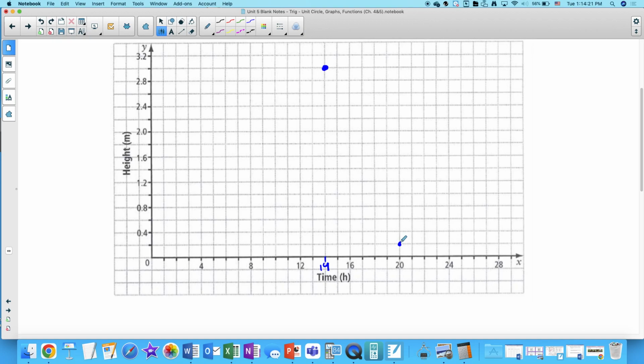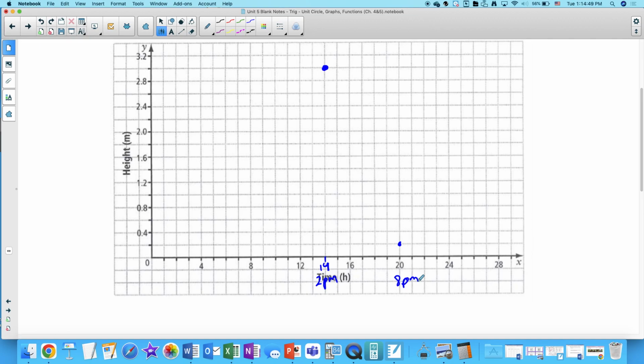So at what time would we reach the middle? This is 2 p.m., this is 8 p.m. What would the time be when you're right in the middle? 5 p.m. There's 6 hours difference between those two times, so it's going to be right in the middle at 5 p.m.